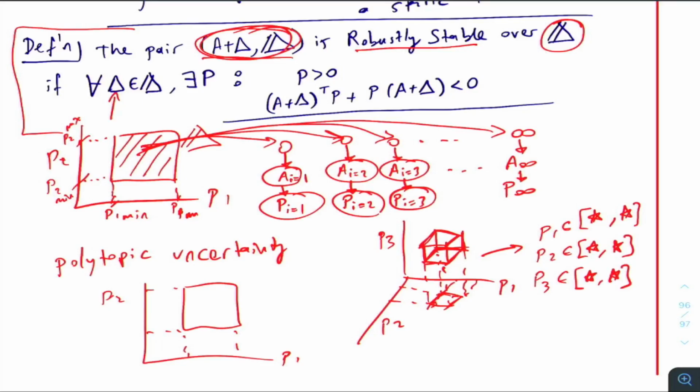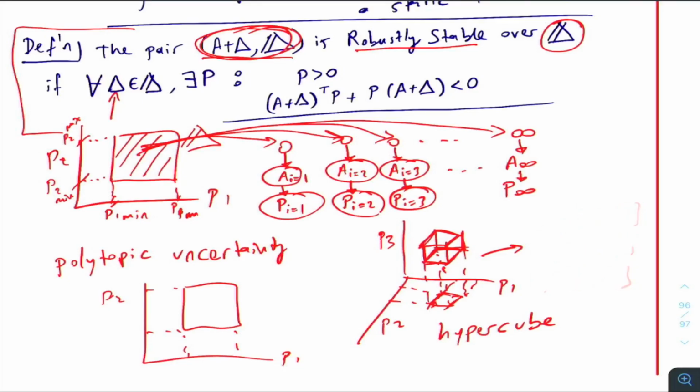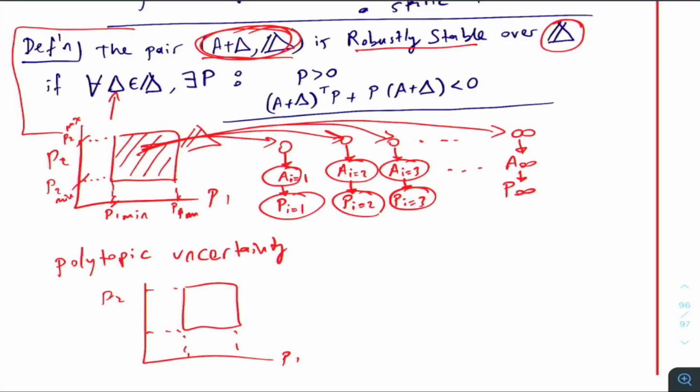For example, let me write this also. This is a cube, right? But a hypercube, for example, let's say we have 10 parameters. Let me delete all of them.